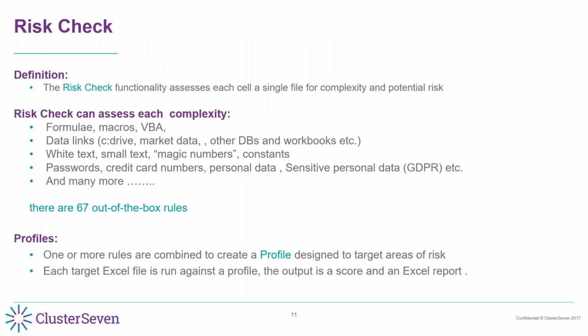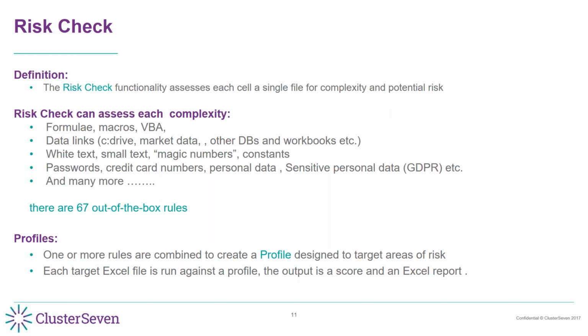For those not familiar with Cluster 7, what is a risk check? A risk check is really assessing across an Excel workbook. It assesses every cell for a particular rule. That rule may be looking for a complex formula, for macros, for VBA at a workbook level.